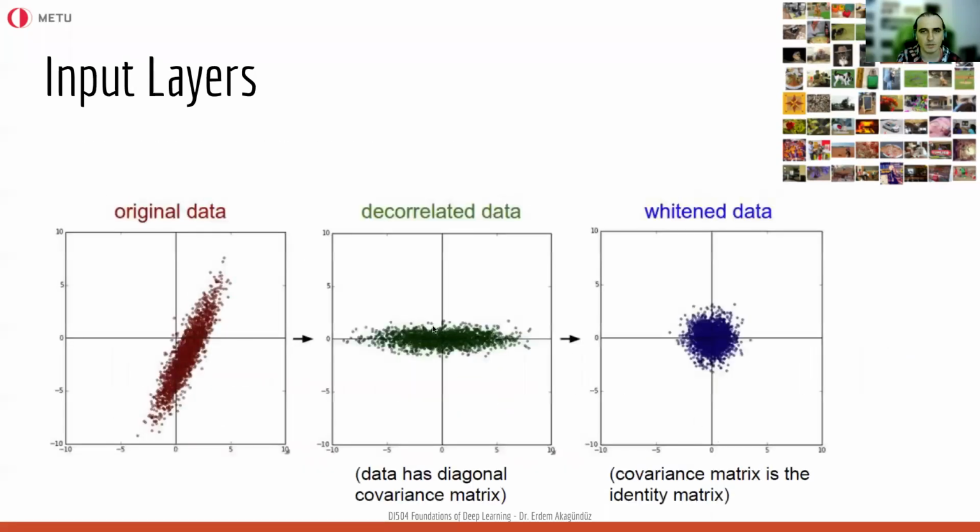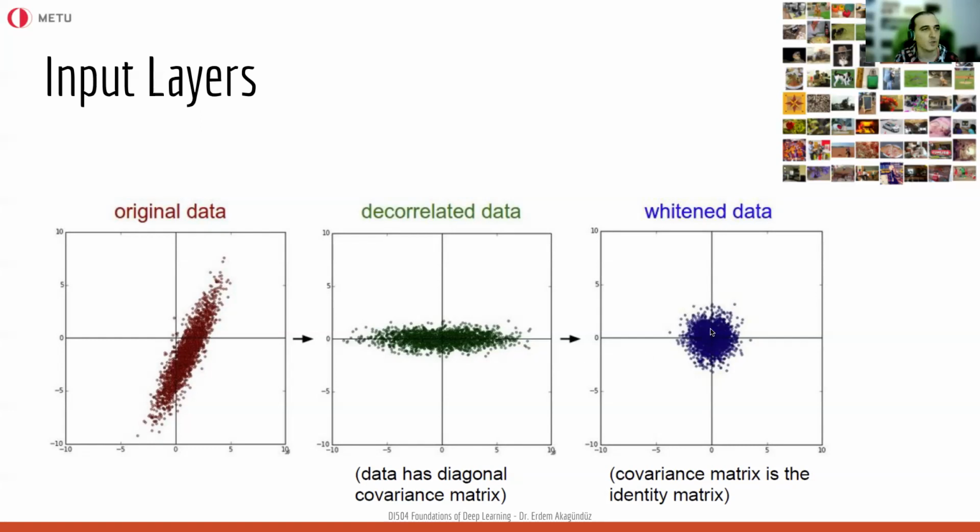I mean, if you want to decorrelate your data, which means you want independent dimensions with no correlation between the axes, you do this. This will give you a diagonal covariance matrix of data statistics. People will understand this better.